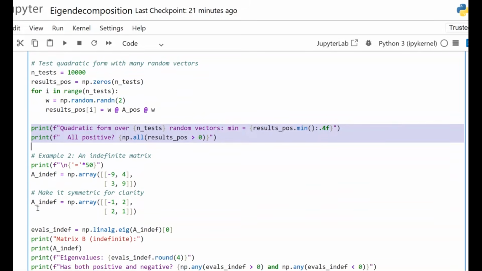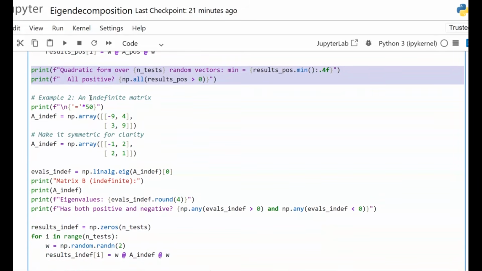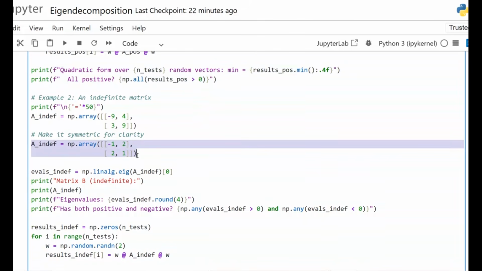Okay, let us have a second example, which specifies an indefinite matrix. Here we have the indefinite matrix -1, 2 and 2, 1, and we are going to get the eigenvalues for this matrix.